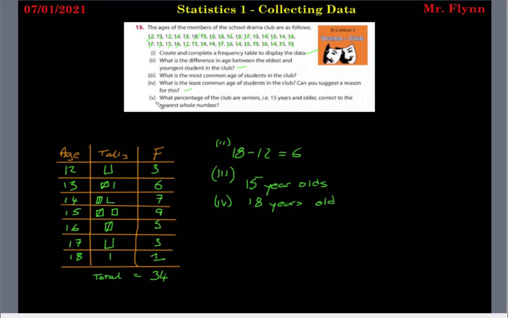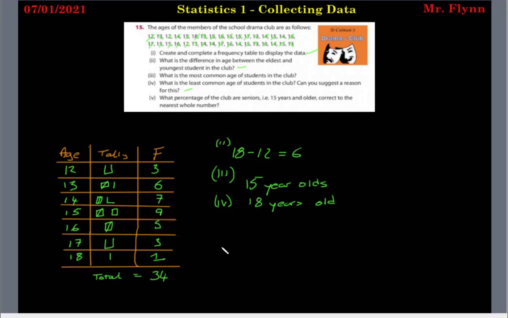And then part 5, what percentage, right? Okay, remember we mightn't have looked at percentages just yet, but it comes up in our second chapter. What percentage of the club are seniors, i.e. 15 years and older? Correct to the nearest whole number. So, this part you may not have understood.